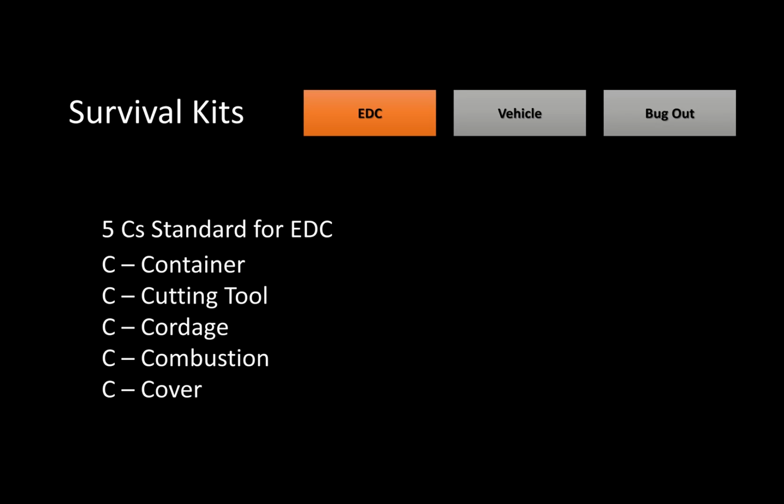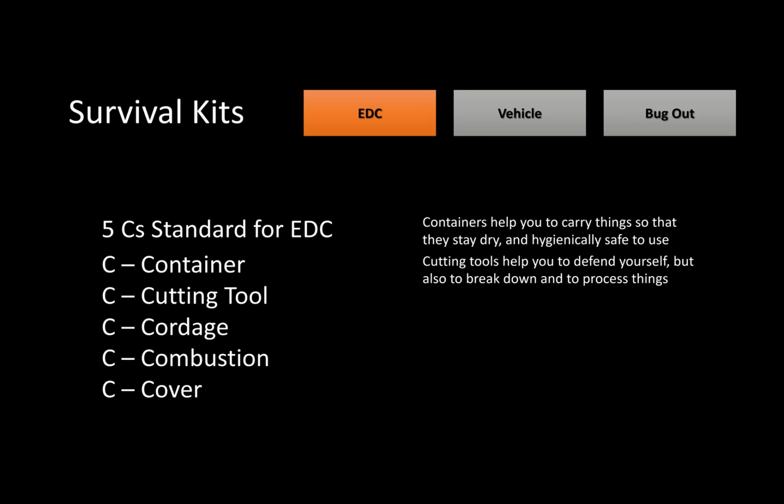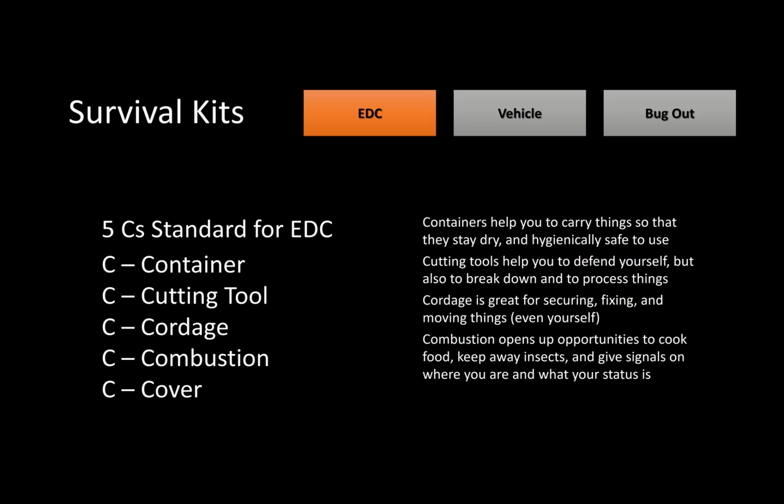So why a container? A container helps you to carry things so that they stay dry and hygienically safe to use. A cutting tool helps you defend yourself, but also break down and process things. Cordage is great for securing, fixing, and moving things, even yourself. Combustion opens up opportunities to cook food, keep insects away.